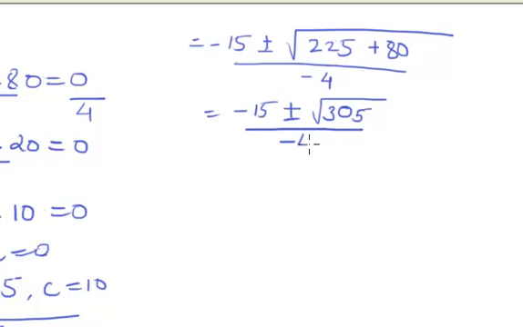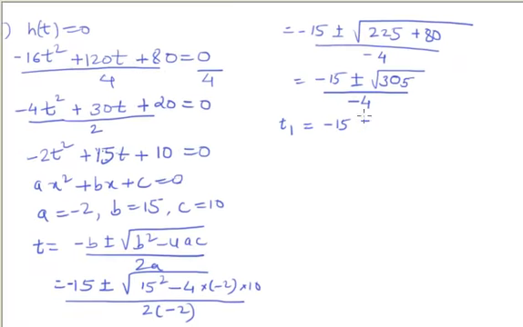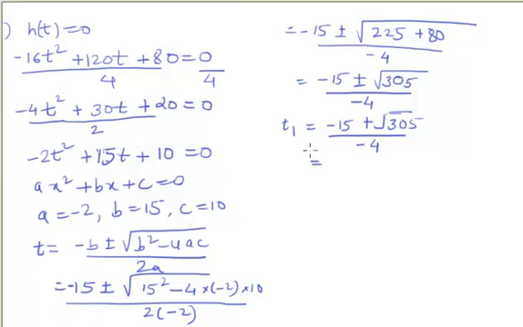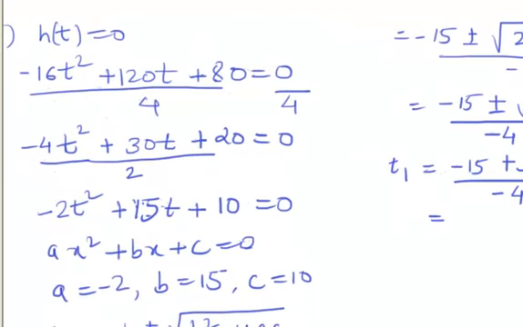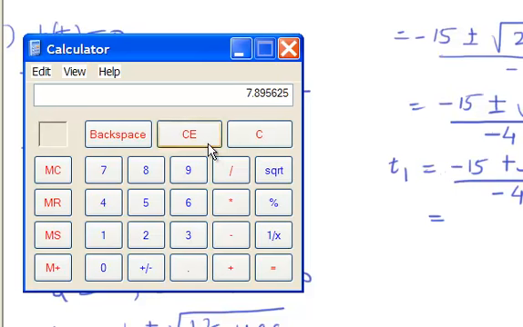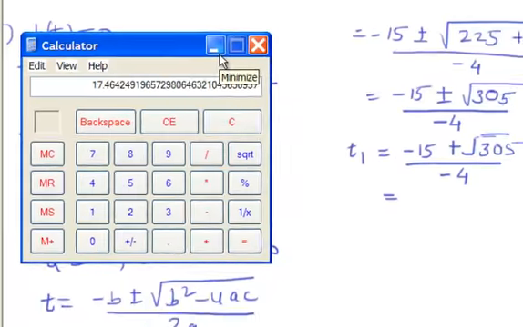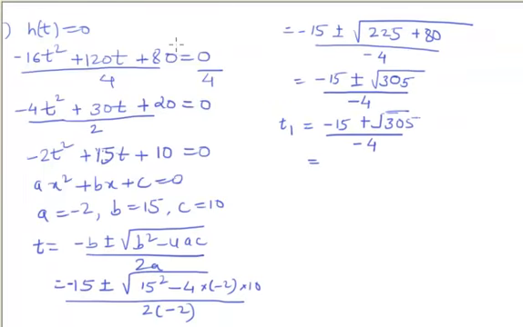So minus 15 plus minus under the root of 305 over minus 4. If I look at the first value, t1, that is minus 15 plus root 305 over minus 4, the square root of 305 is 17.46.